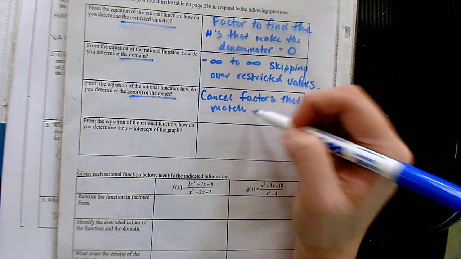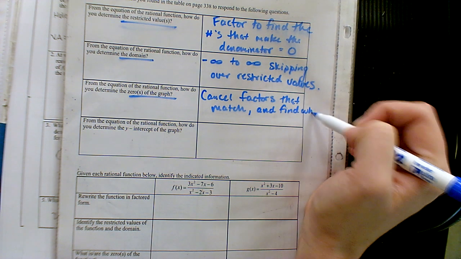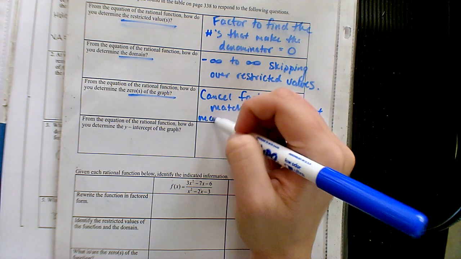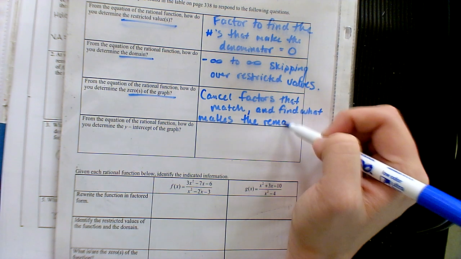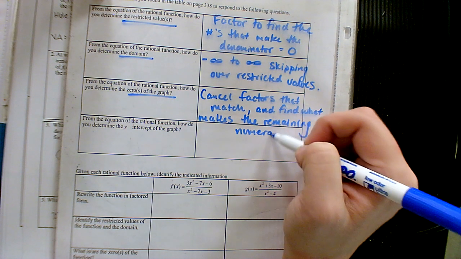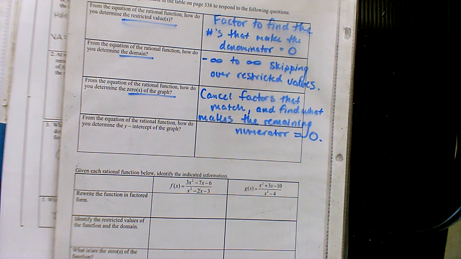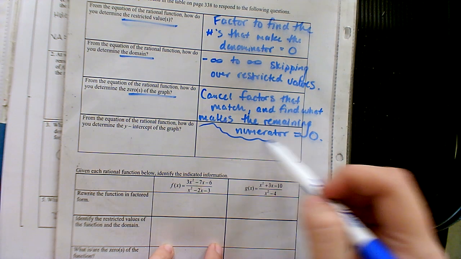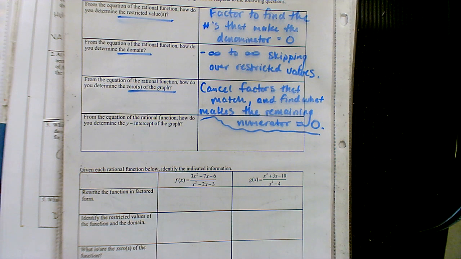Okay, so cancel factors that match and find what makes the remaining numerator, meaning the top, equal 0. Friend number 3, good to go.